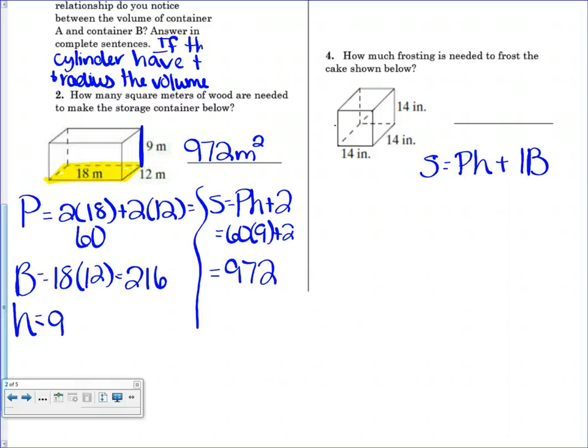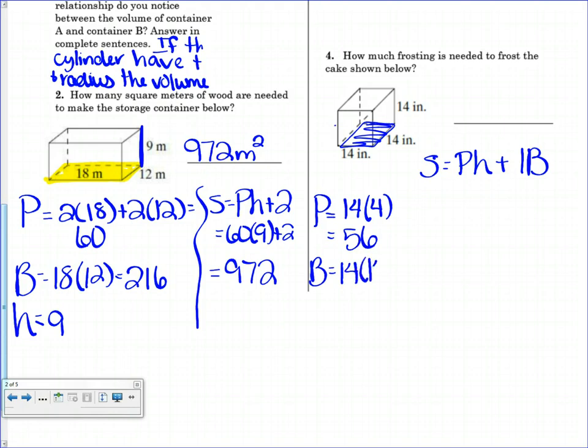So the bottom of my cake, that's the base. So we need to find the perimeter of that, which is 14 times 4, which is 56. The area of the base, which is 14 times 14, which is 196. And the height of my prism is 14.